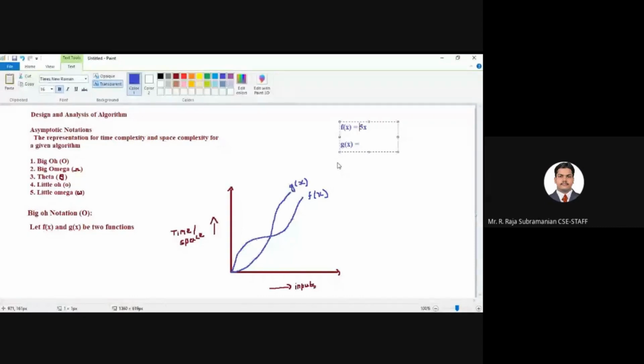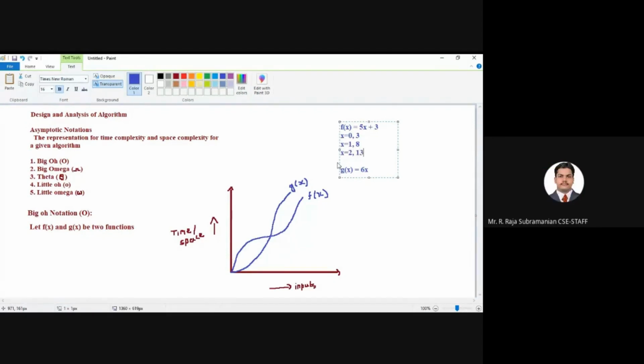Thank you. Assume that I'm having something like f of x equals 5x plus 3. Next, I'm having g of x equals 6x. Now, quickly tell me what will be the value of f of x if x is equal to 0? 3. If x is equal to 1? 8. x is equal to 2? 13.